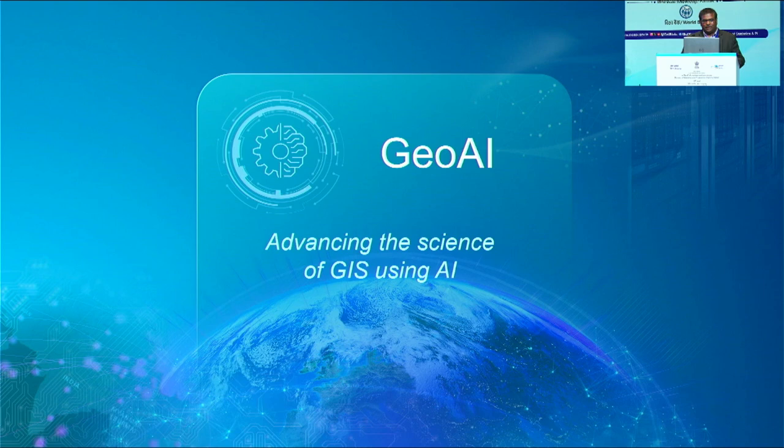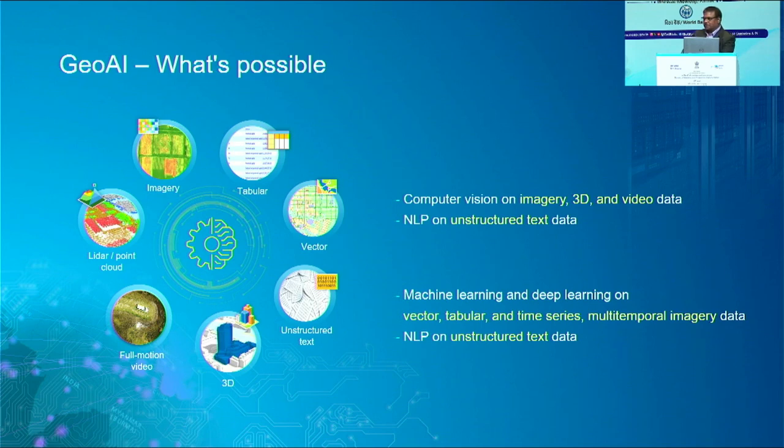So what is AI? It is basically an advancing science of GIS with AI, and what are those possibilities? You would have heard about computer vision models coming into AI. When you are talking about remote sensing data sets, the computer vision model plays a very important role, and they work with imagery, 3D and video data sets.